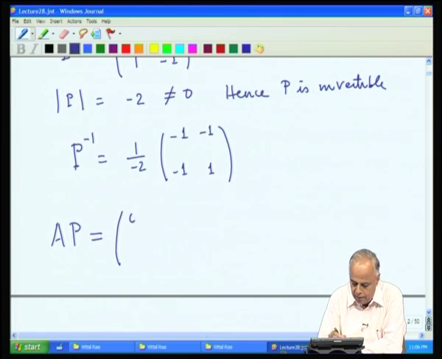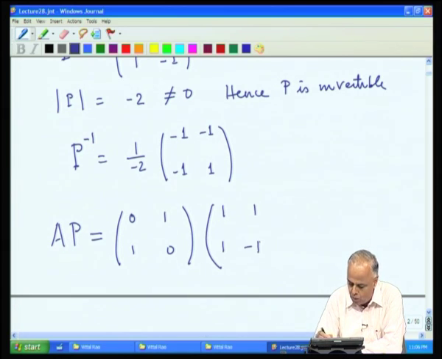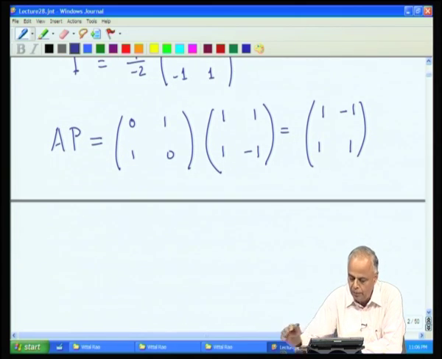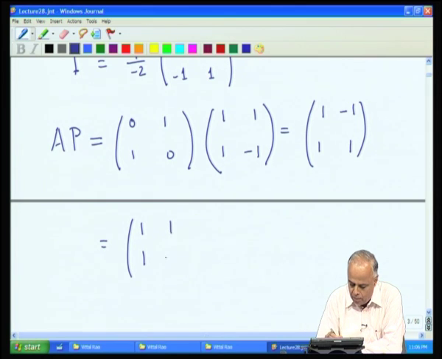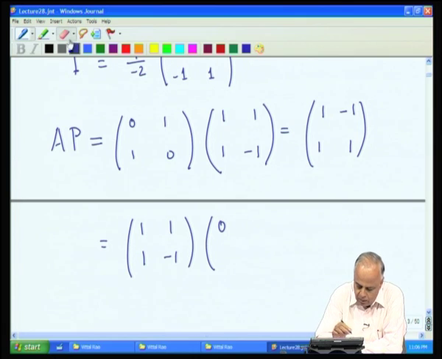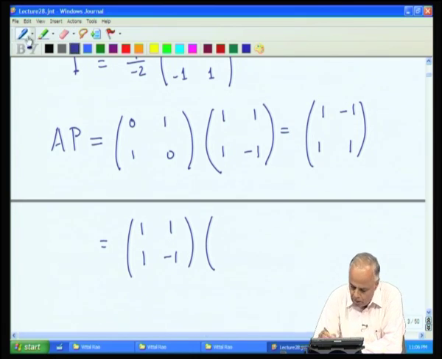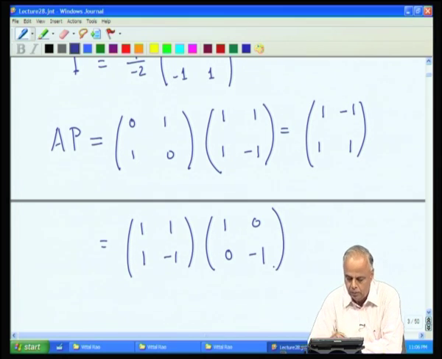Let us calculate A P. A is the matrix 0 1 1 0 and P is the matrix 1 1 1 minus 1. When we take the product, we get 1 minus 1 1 1, which we can write as 1 1 1 minus 1 times the diagonal matrix 1 0 0 minus 1.